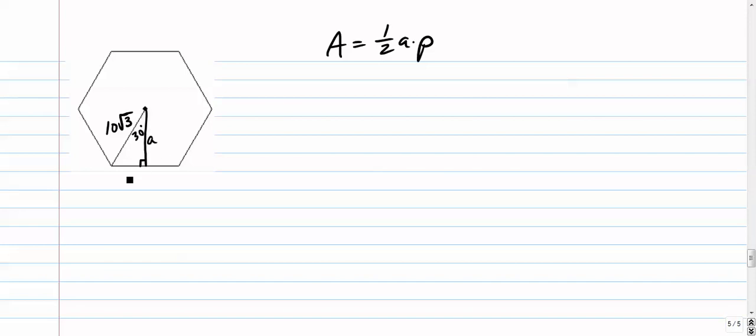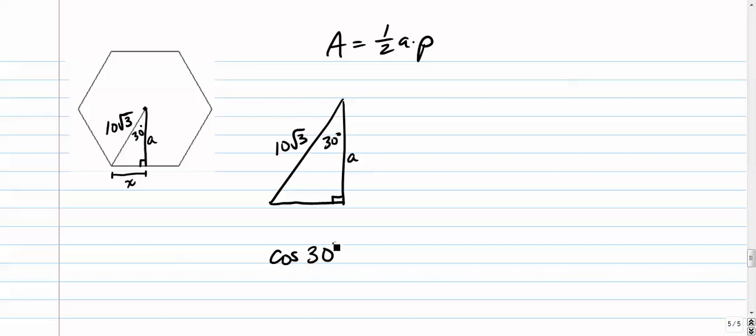And our apothem is right here. This guy we'll call a, and this one x. So here we go. We've got, I'll draw a little bit bigger here, a 30, 60, 90 special right triangle where the hypotenuse is 10 radical 3. And let's find a first. Alright, this is not really in the best position to use our special right triangle rules, so I'm just going to use cosine.